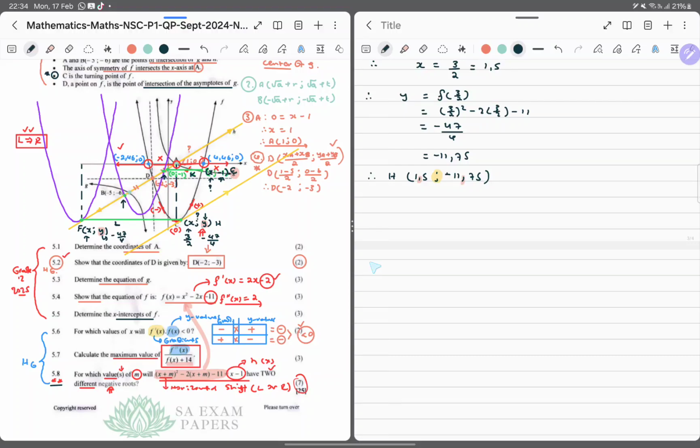So we can say then let f with coordinates x is 2 minus 47 over 4 be, okay, don't even say let.